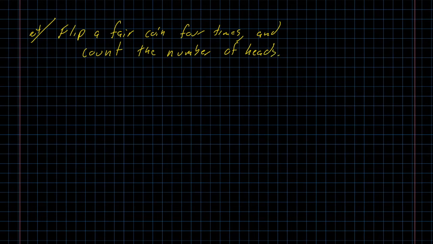All right, as another example, I might be interested in the experiment of flipping a fair coin 4 times and counting the number of heads. If you are not quite familiar with this experiment, we can list out all of the possible outcomes. It turns out that there's not that many. Right?